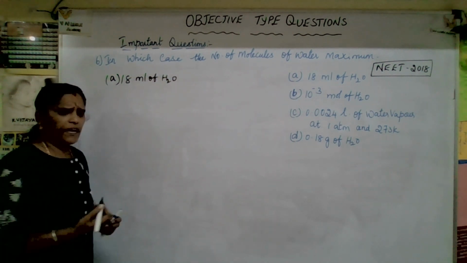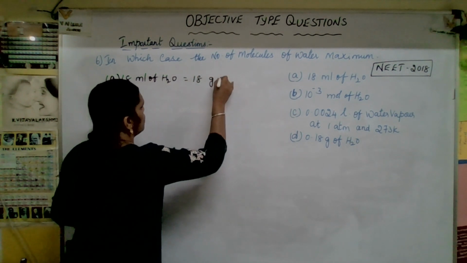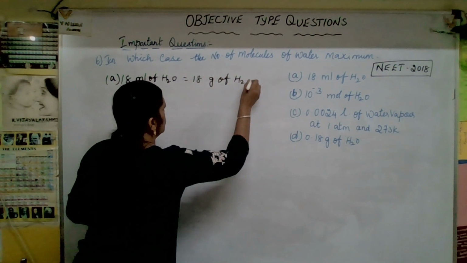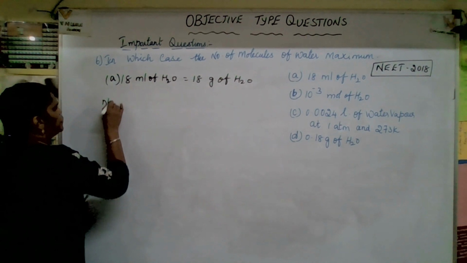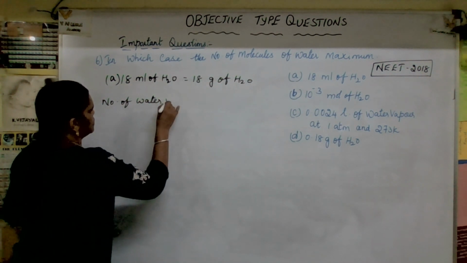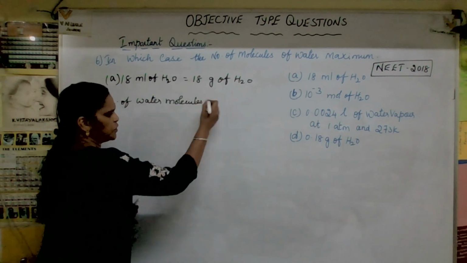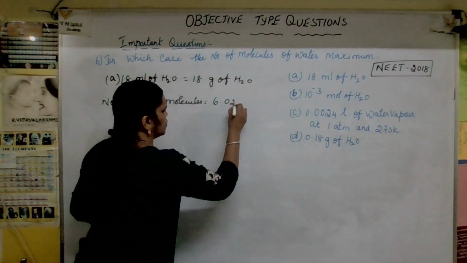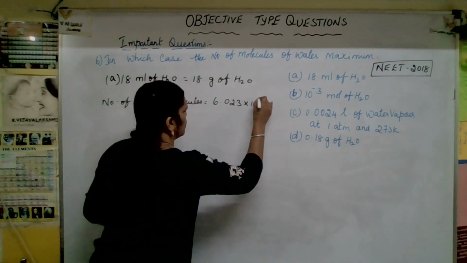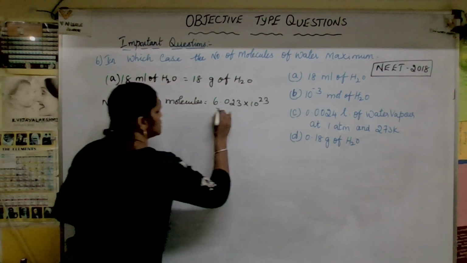Here we can consider 18 ml of water as 18 gram of water. So the number of water molecules is 6.023 into 10 to the power of 23. Right? So option A is this one.